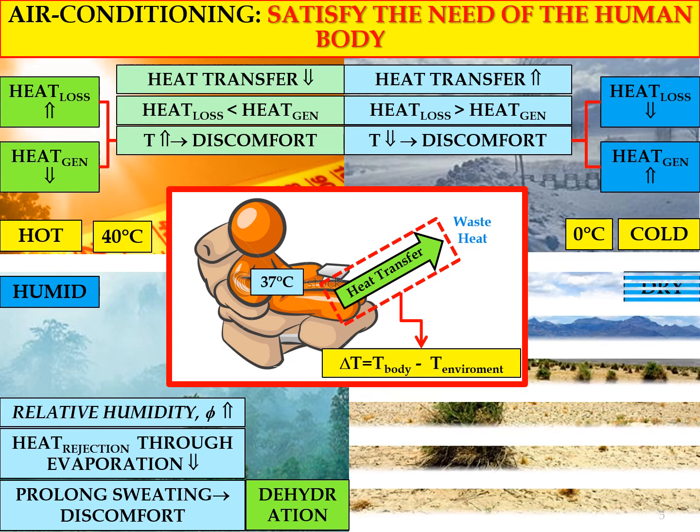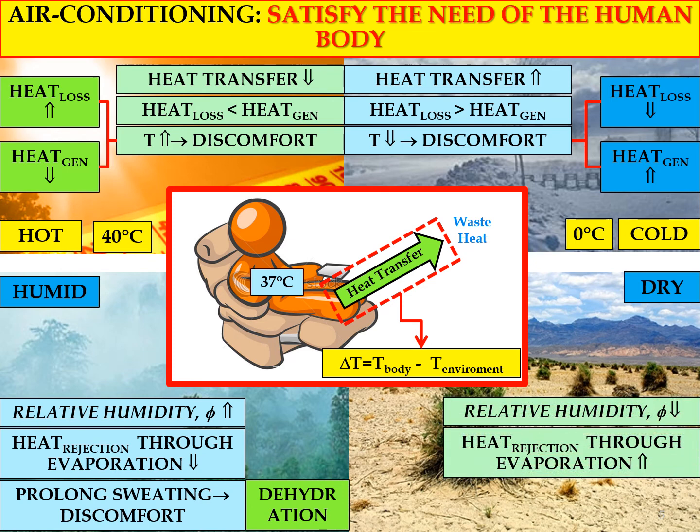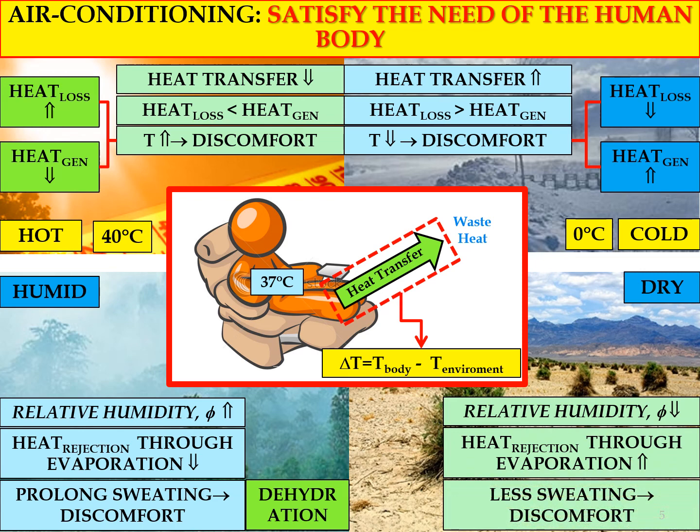And let's say we go into the dry area where relative humidity is extremely low, so the heat rejection through evaporation is higher, so less sweating, so the guy also will feel discomfort in this environment.